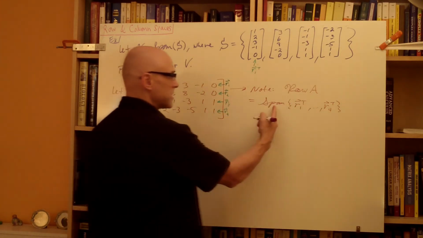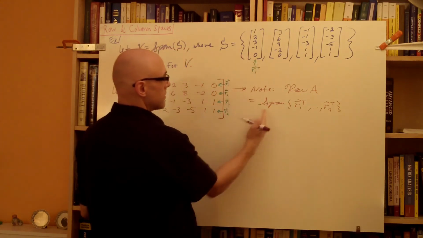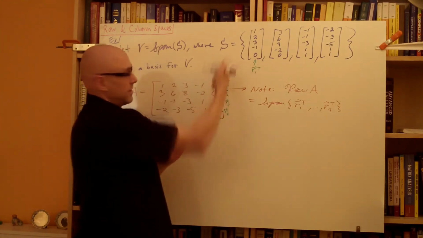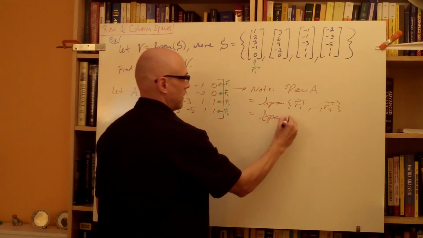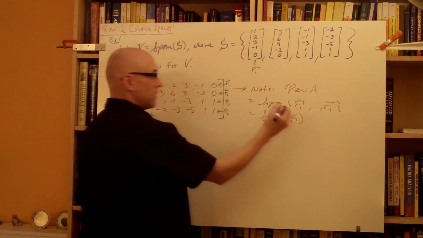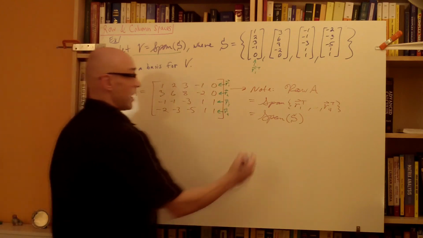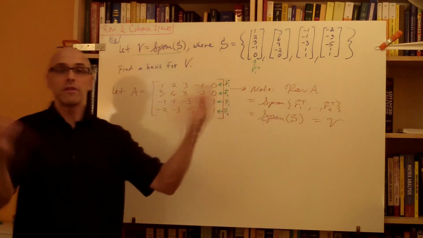The span of this set of vectors is precisely the span of this set of vectors, that's S. And the span of S is V. So the row space of A is V.